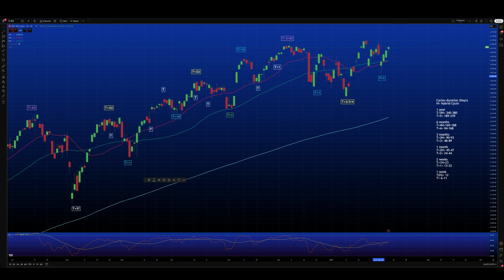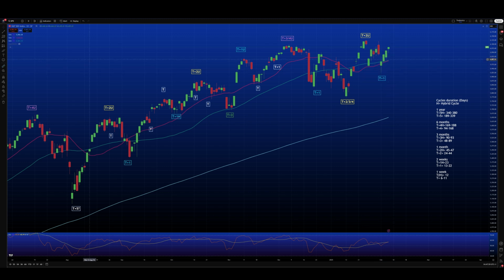And as for the Nasdaq, if we look at the upward cycles, here we have 31 bars. So definitely this top is a T plus 2. Okay, so here we have a T plus 2. And if we gauge the total duration from that top, here we have 10 bars.